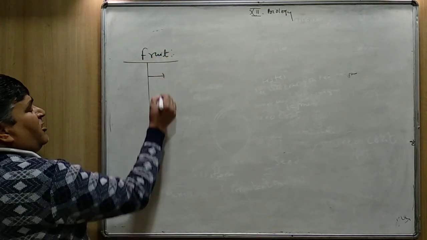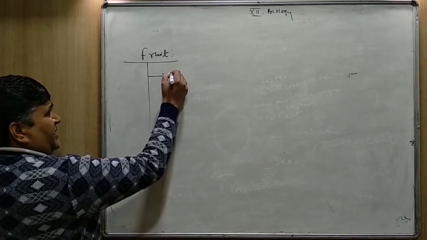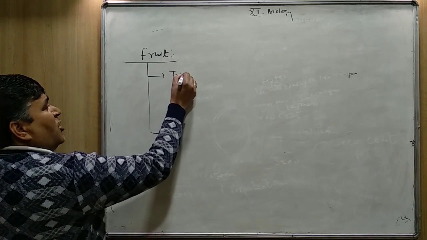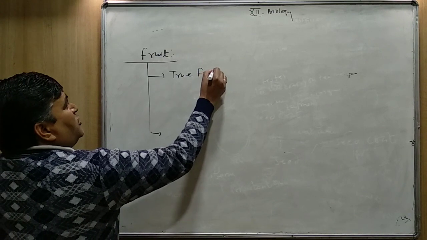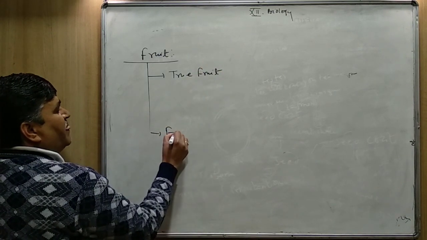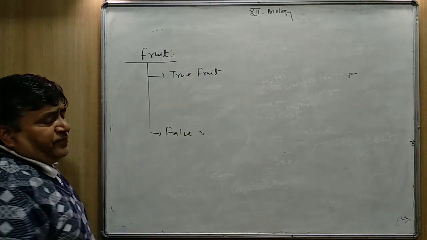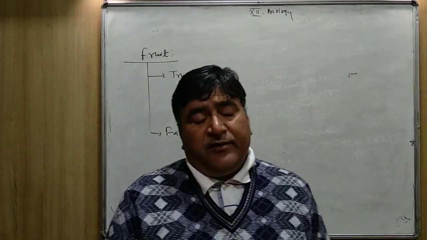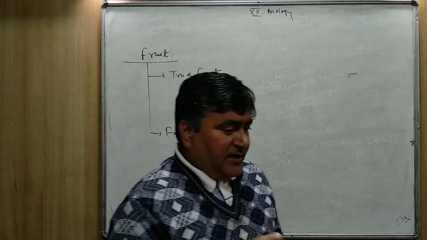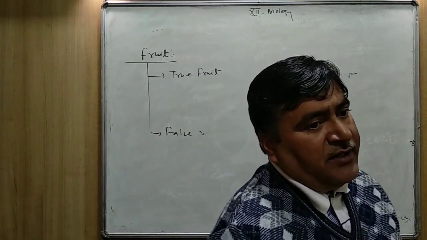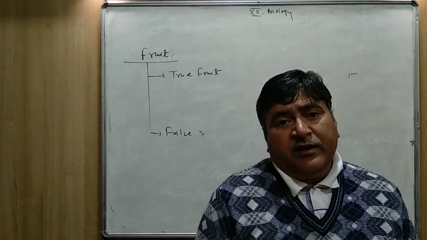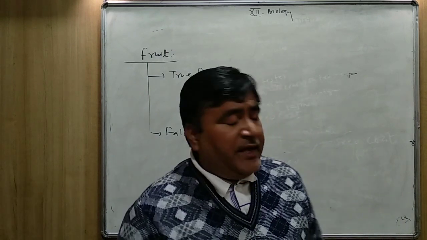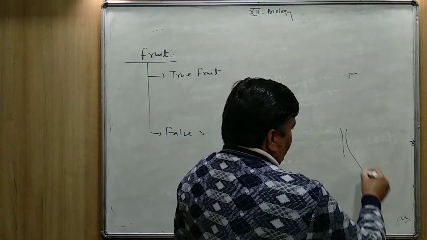The fruits are of how many types? 2 types, that is true fruit and false fruit. What do you mean by true fruit? What is fruit first of all? After fertilization in a plant, the ovary is converted into the fruit.